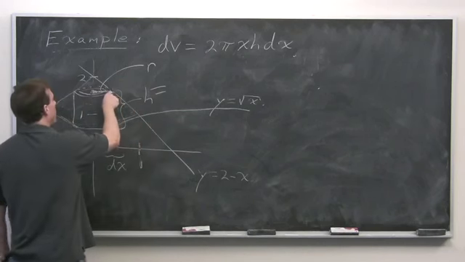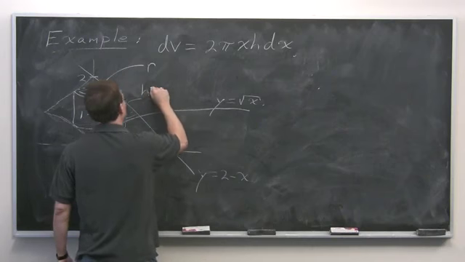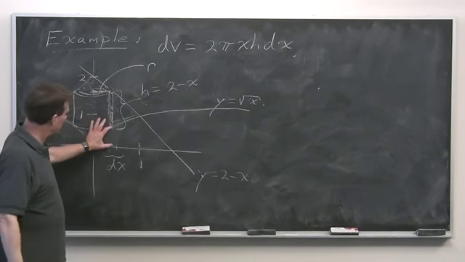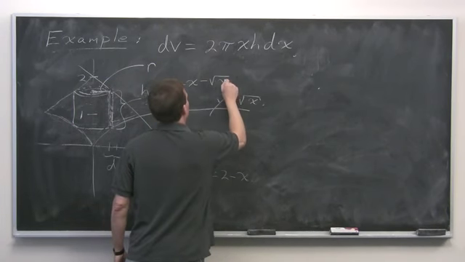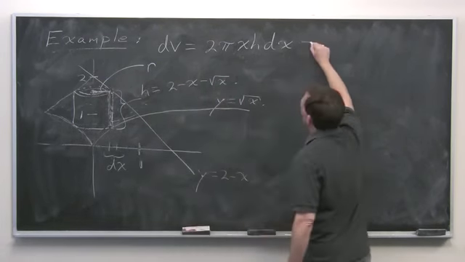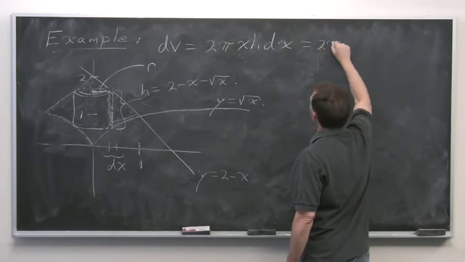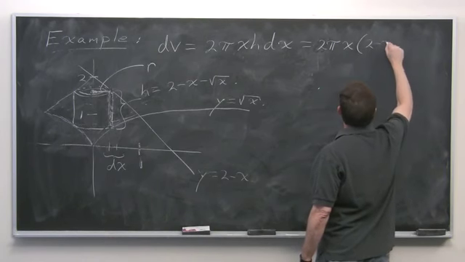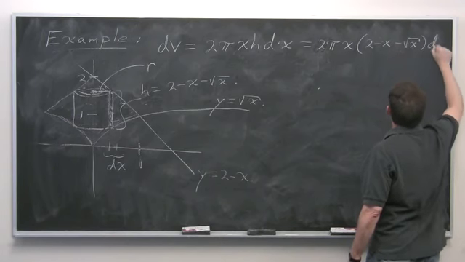So the upper y-coordinate is given by y equals 2 minus x, so h is 2 minus x, minus this y-coordinate, and that y-coordinate is the square root of x. So for our little chunks of volume by cylindrical shells, what we get is 2 pi x times (2 minus x minus the square root of x) dx. Great.